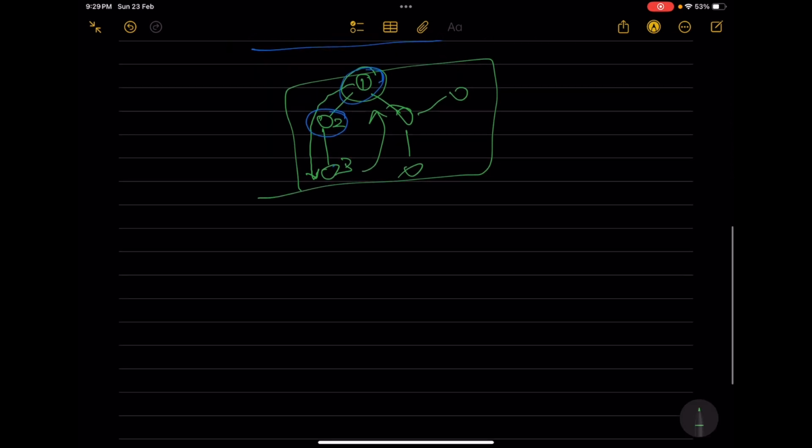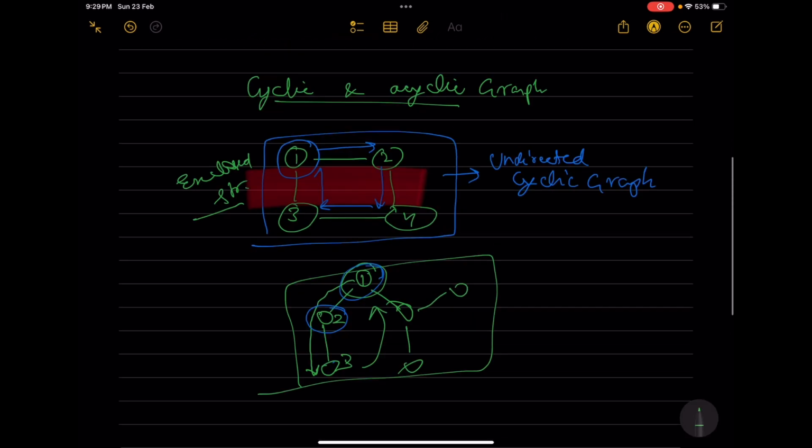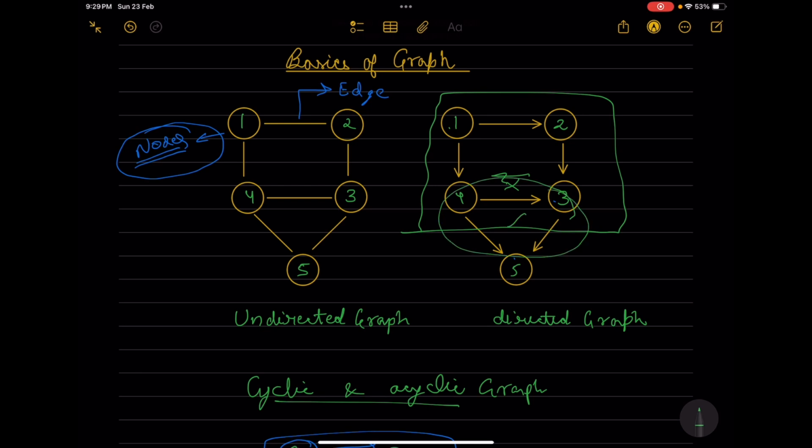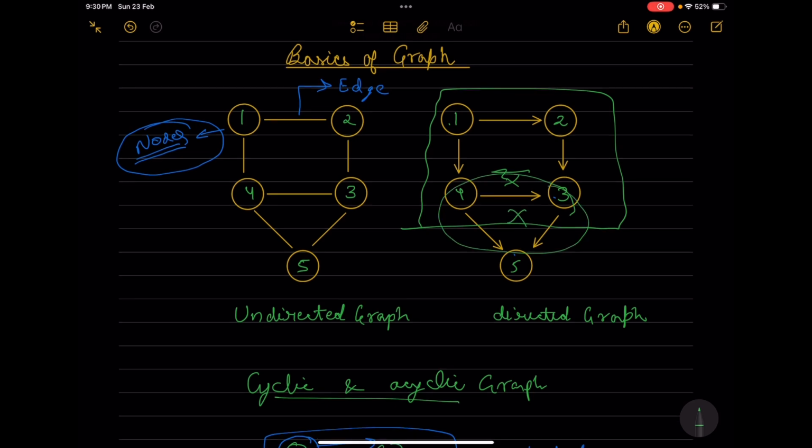Now let's discuss the directed cyclic graphs. So as in this structure itself, let's say we can go from 1 to 2, we can go from 2 to 3. Can we go from 3 to 4? No, we cannot go from 3 to 4. Hence, it is not a cyclic graph. Can we find any other cycle? No, it is also not a cyclic portion. If we can find any one cycle structure in the graph, then it is a cyclic graph.